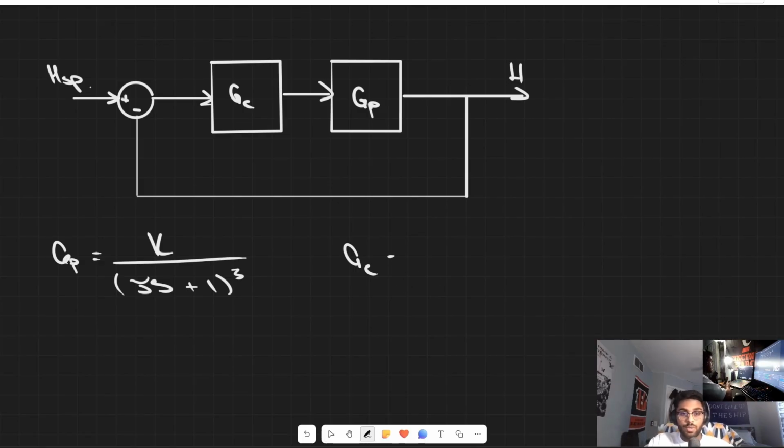However, in this case, we incorporate this term, 1 over tau I s, and this tau I is the reset time for our integral controller. So it is actually different from this tau, which is our time delay for our process.